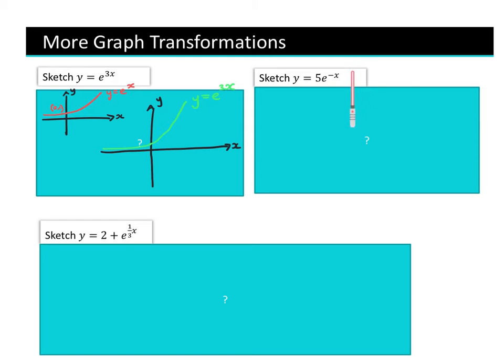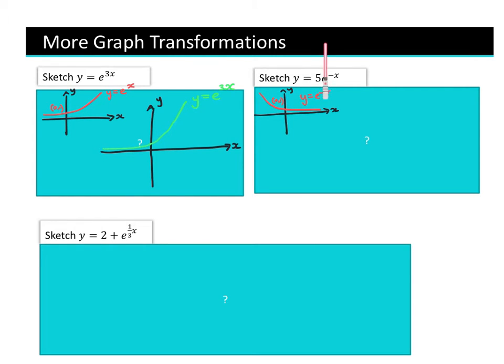X. We know this is a reflection in the y-axis. So we know the graph of y equals e to the minus x looks like this. Okay, and we're going to cross at 0, 1 again.